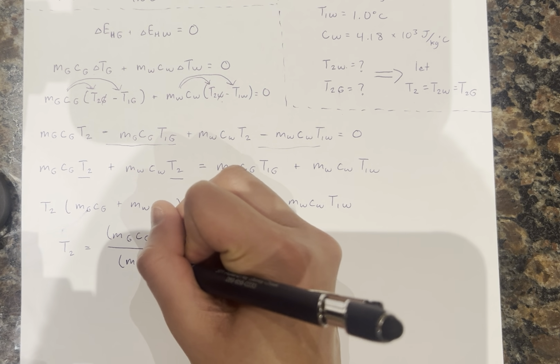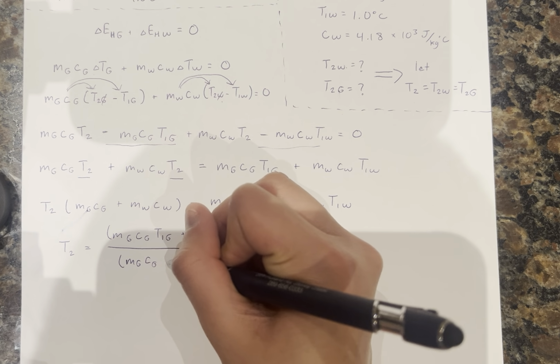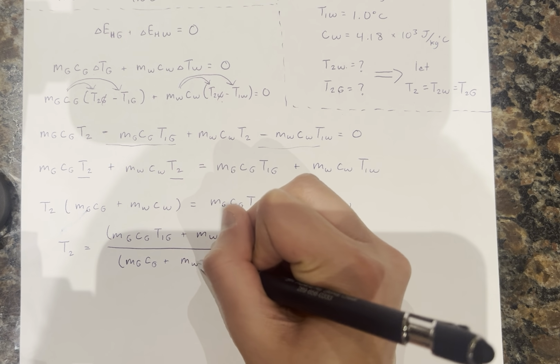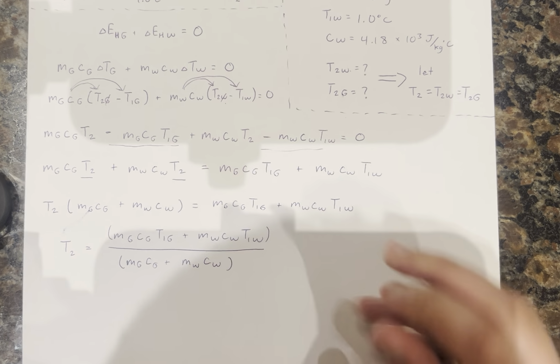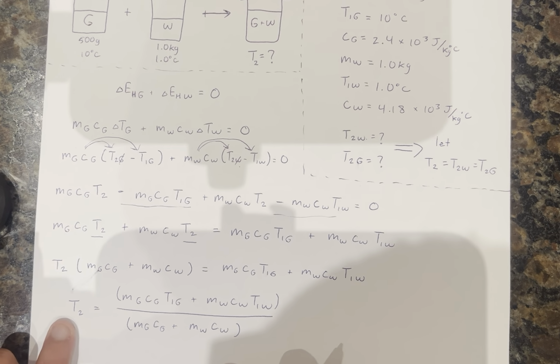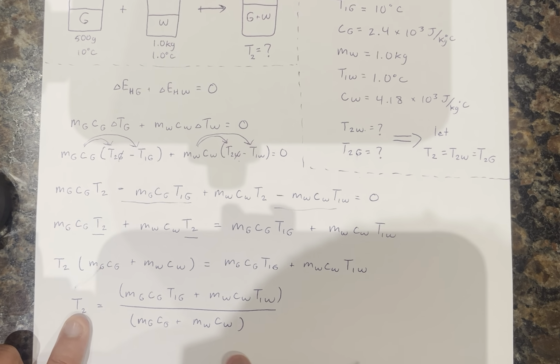So MgCg plus MwCw. So there is all the algebra that you needed to do to isolate for T2.